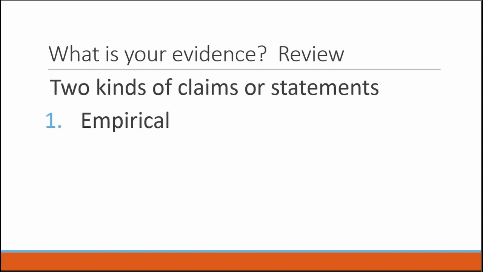We should accept empirical statements as true when they have sufficient support from observation, experience, experiment. Non-empirical statements are a little trickier. These statements or claims cannot be fully refuted or completely supported using observation, experiment, or experience. So we have to think of other ways for evaluating non-empirical claims.